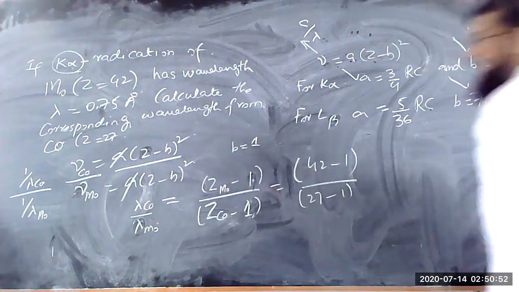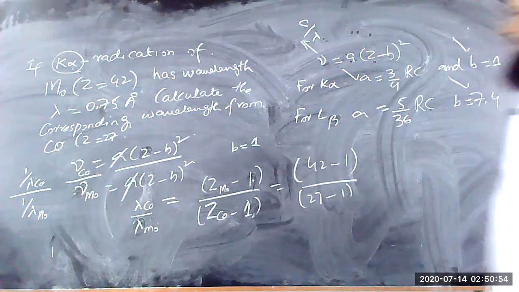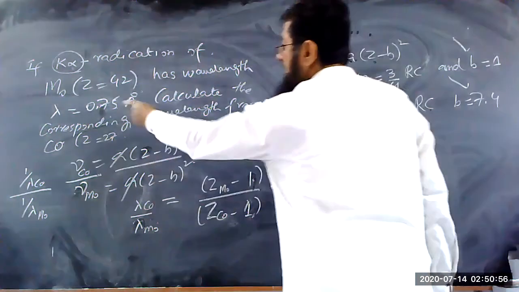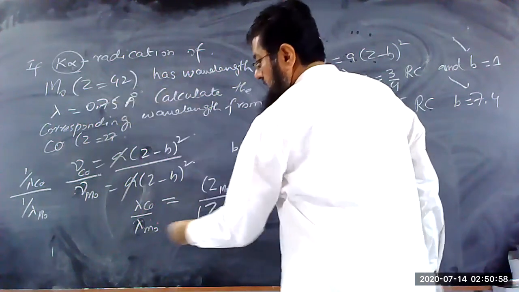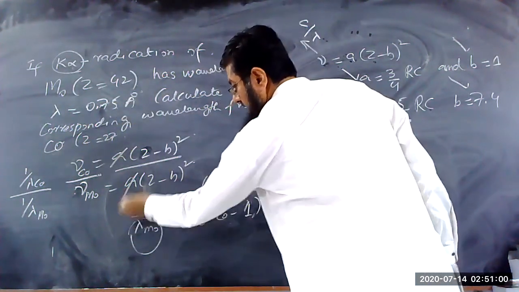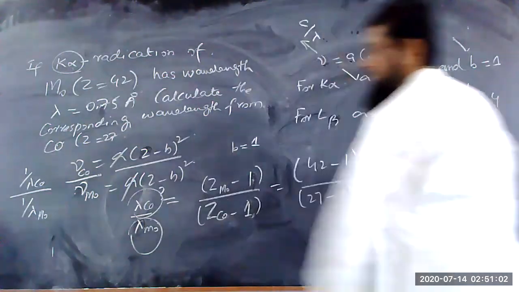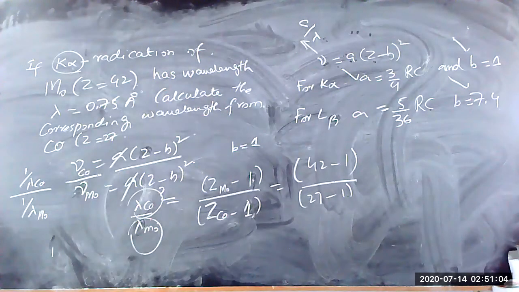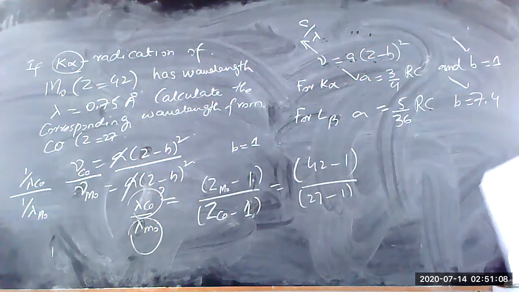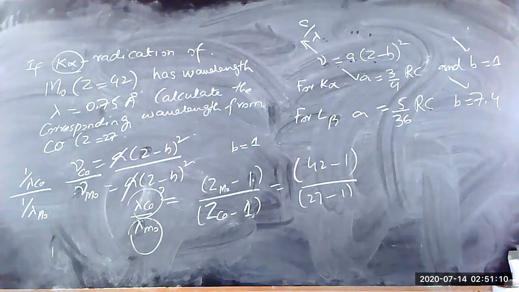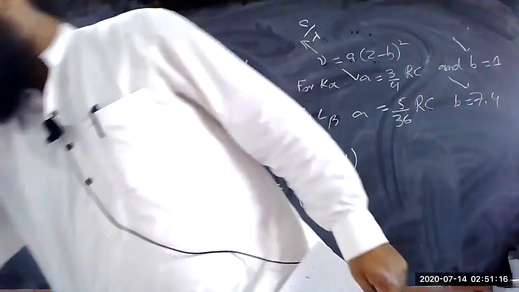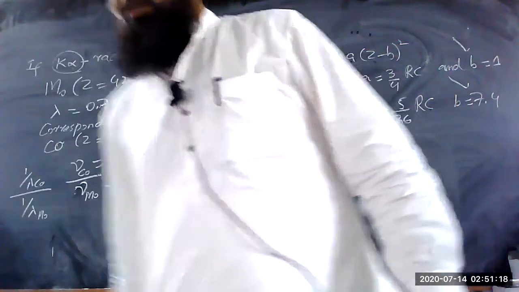If the K alpha of molybdenum is given, you can find out easily the wavelength using calculation. So this is the simple formula. You can calculate easily. Some of the problems I will give you in an assignment. So here is the Moseley law and characteristic X-rays.